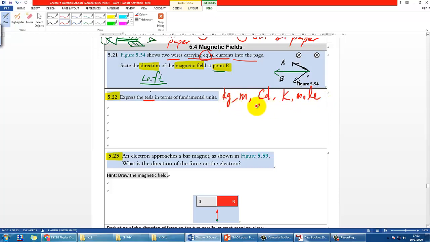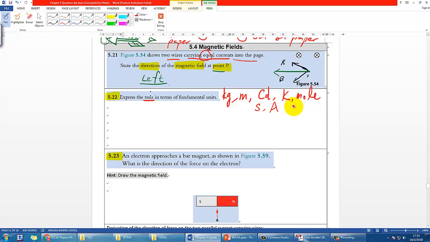Mass, length, time, second. 1, 2, 3, 4, 5, 6. There should be one more. I can't remember either. What is it? Oh, current. That would be ampere. Okay, so that would be the 7 units.